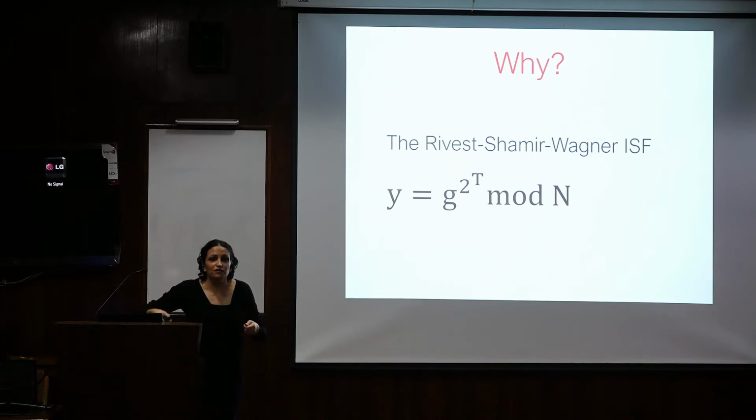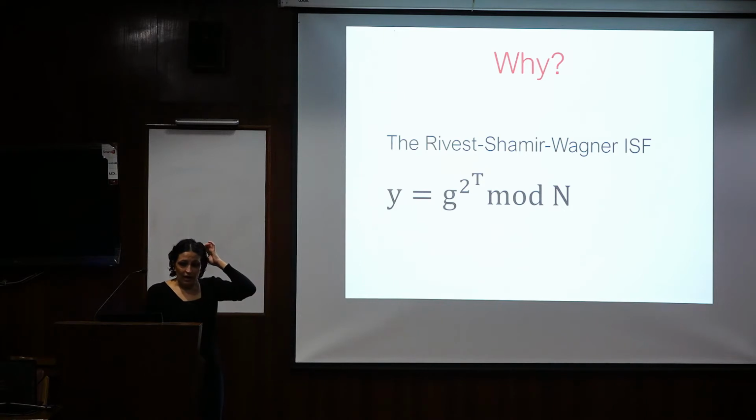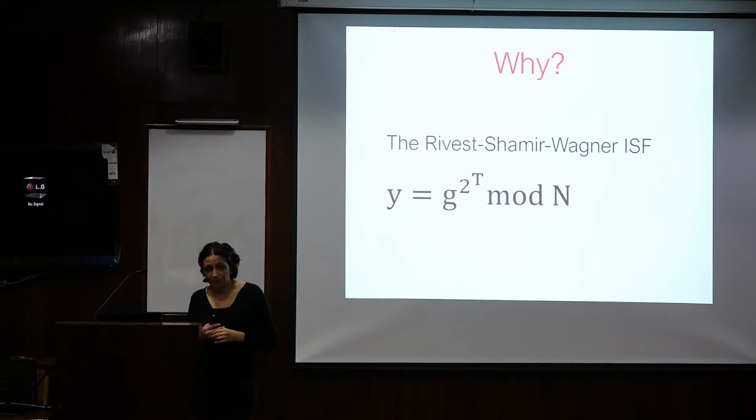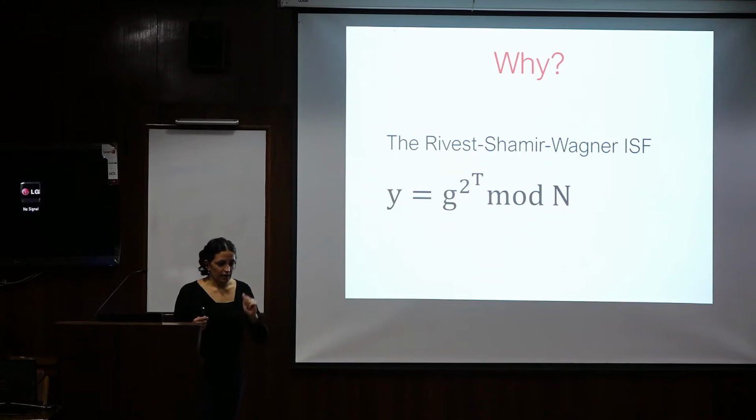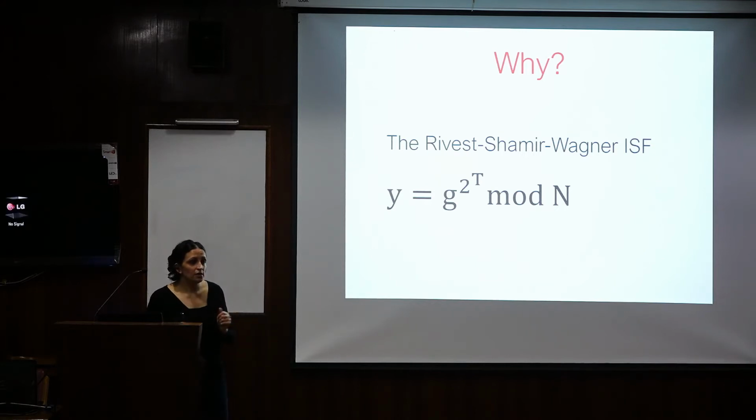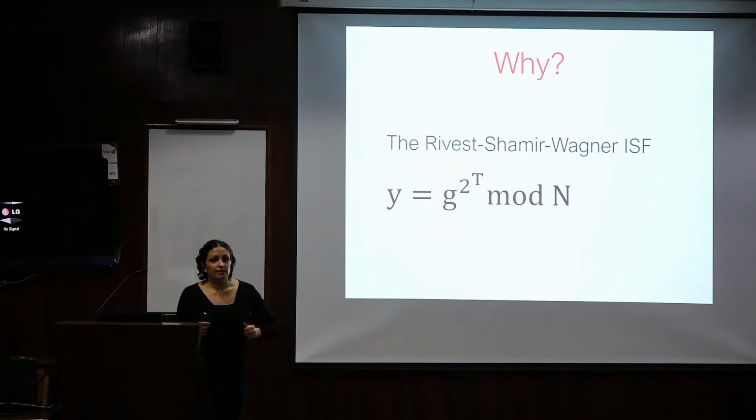You will really have to go step by step. And this is a known function due to Rivest, Shamir, and Wagner, which shows that if some designated verifier knows the prime factors, it could verify the outcome of this computation faster than actually computing it.